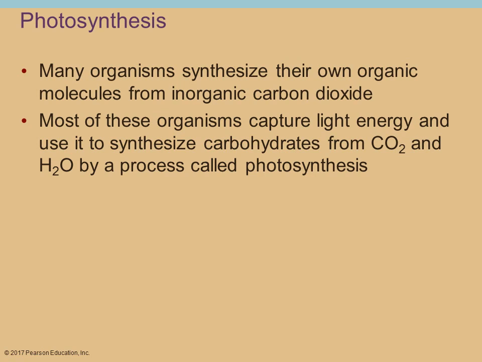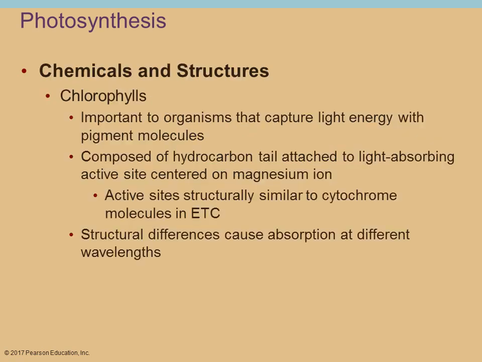Essentially, photosynthesis is the reverse of cellular respiration because it is taking carbon dioxide and water, and with this energy, it is producing carbohydrates, usually glucose, and one of the byproducts is going to be oxygen. So you can think of photosynthesis and cellular respiration as feeding each other. They cycle back and forth. The products of one become the substrates for the other. They are dependent upon each other.